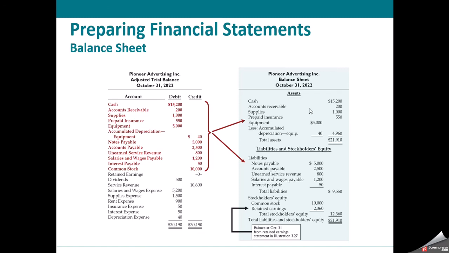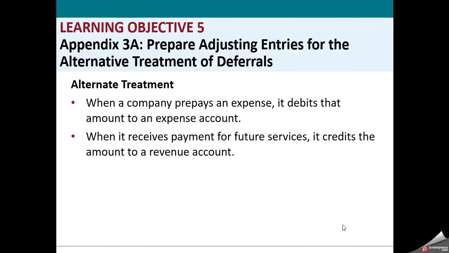So then our balance sheet, all of our assets are pulled off of that adjusted trial balance and brought into our asset section. The liabilities and the owner's equity are all brought into the balance sheet. And then our retained earnings again comes in from the statement of retained earnings. And we always double check our assets equal our liabilities and our owner's equity.